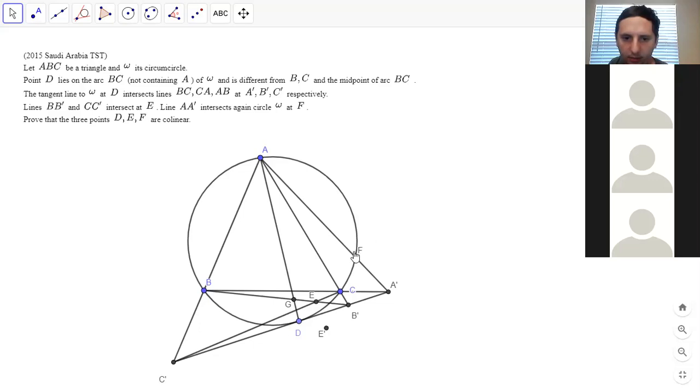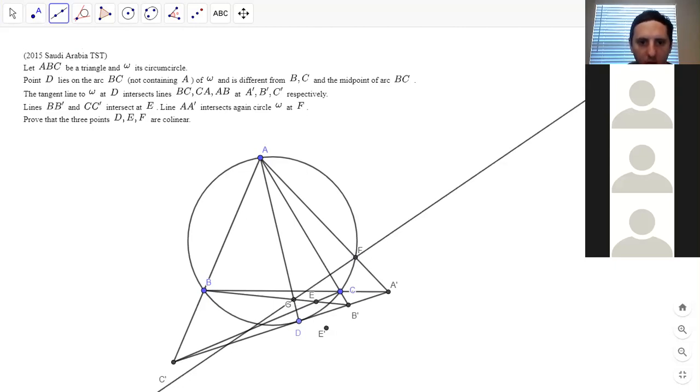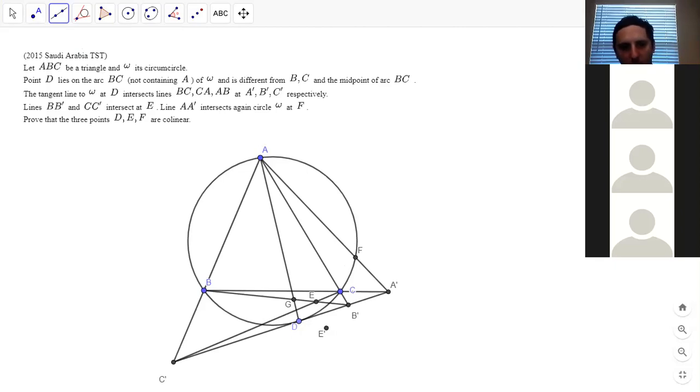So you keep projecting through D. What if I projected through F instead? Um, I'll just leave that there.